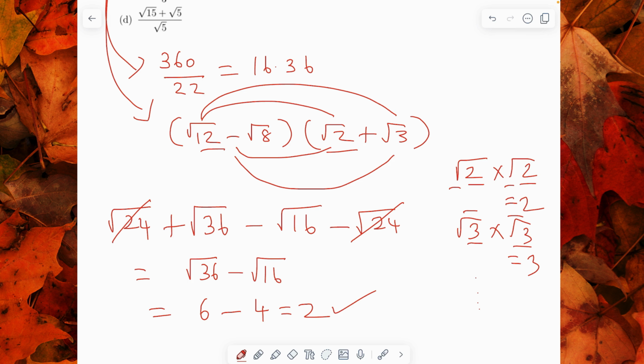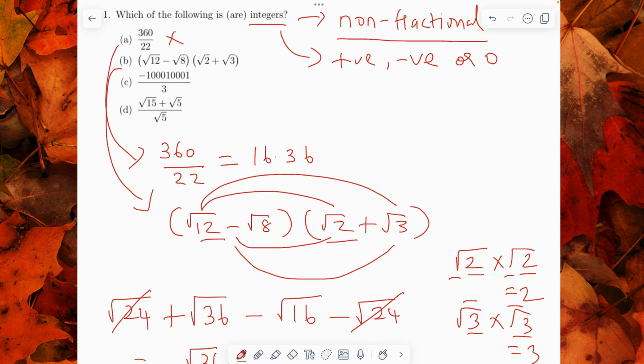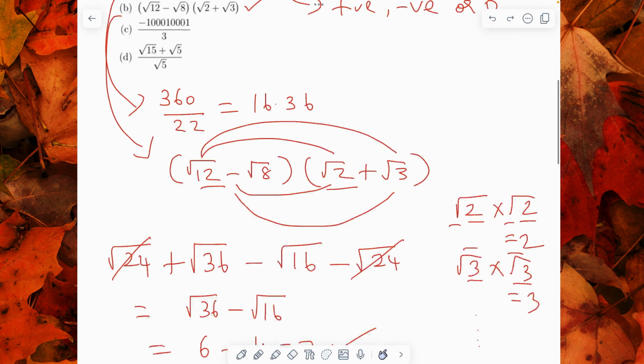Hence 2 is the integer. Hence we can straightaway write that option B is the correct answer. We already said an integer can be negative, so no need to worry about the negative sign. Alright, fine. Now let us solve option C.